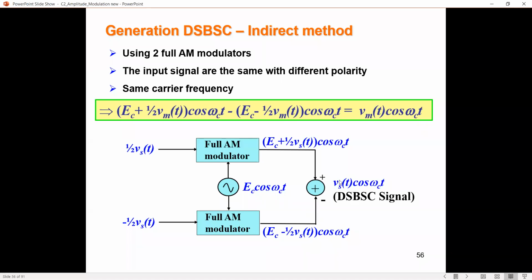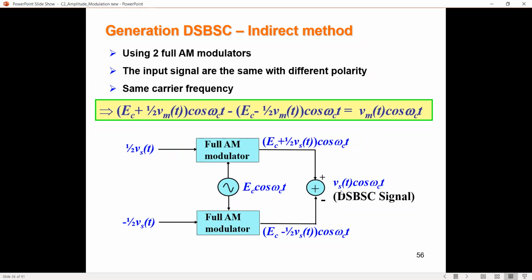Okay, and then the top one above has plus, and then below applies minus. And when we add these two signals together, the EC components will be removed, and then we have only the VMT cos omega CT term.